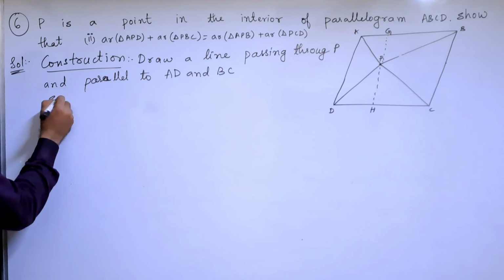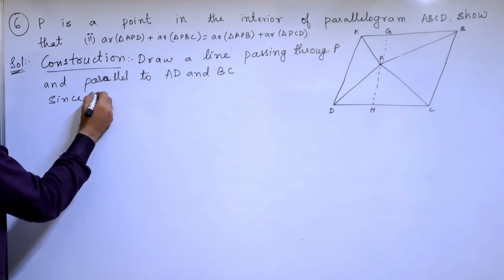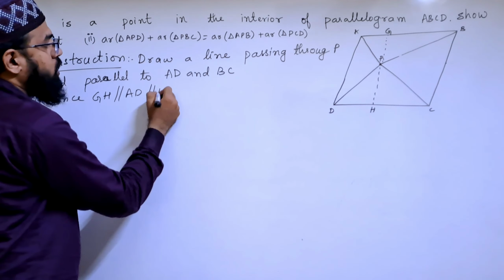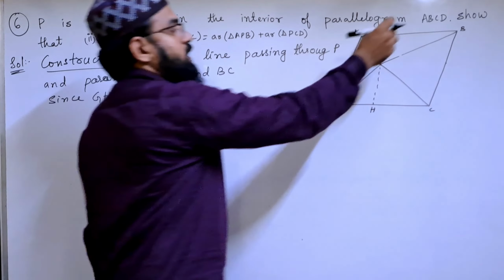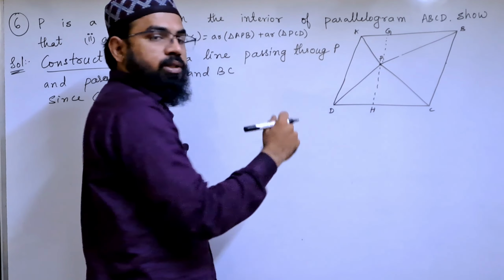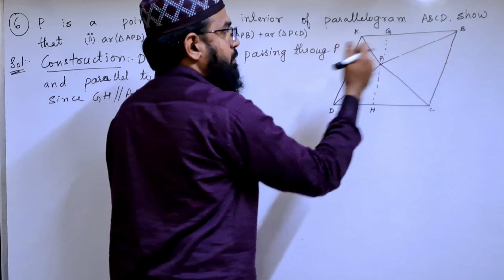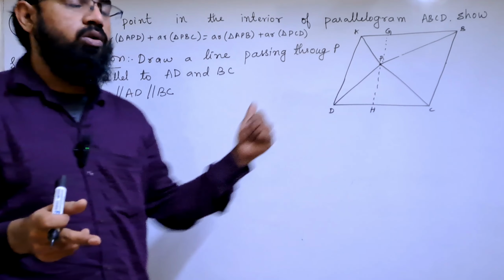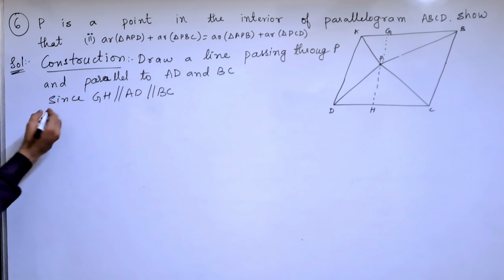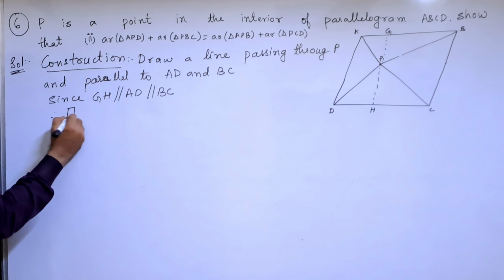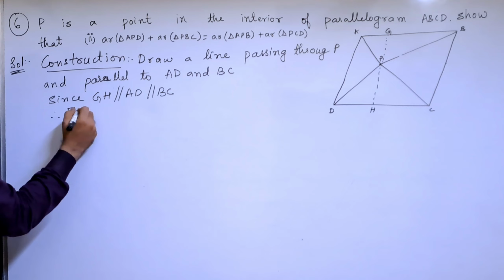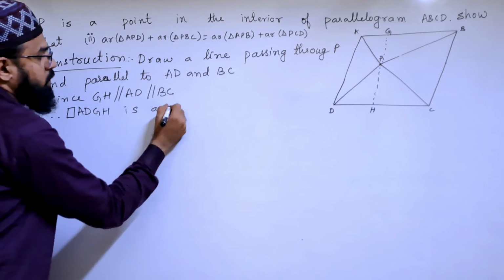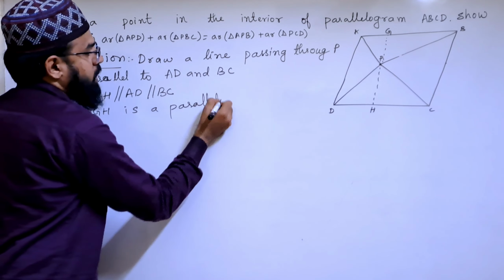Next, since GH is parallel to AD and also parallel to BC, this parallelogram is divided by GH. So that's why this becomes one parallelogram and the other one is also a parallelogram. Therefore, quadrilateral ADGH is a parallelogram.